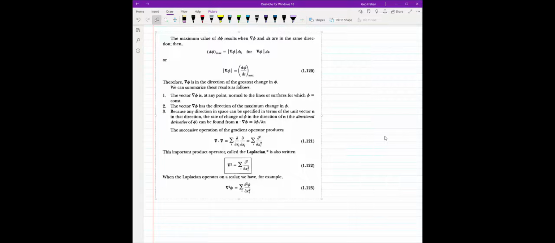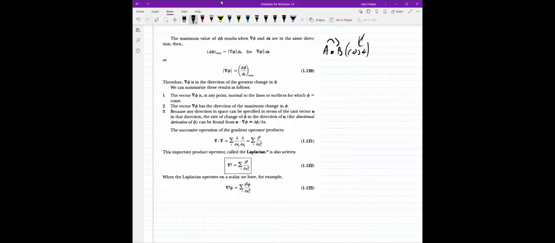I spoke before about how the dot product tells you how much A points in B, because it's the cosine of the angle between them that matters. And if the angle is 0, that's when cosine is at maximum. So that basically tells us that d phi max is equal to, you just multiply them together. In other words, that gradient phi max is equal to d phi over ds.